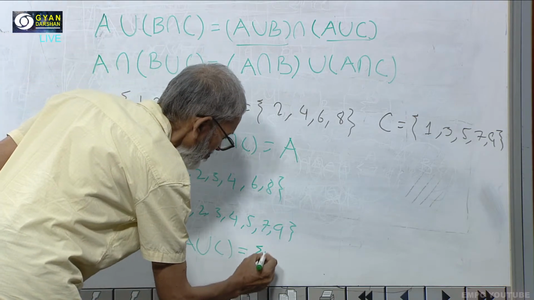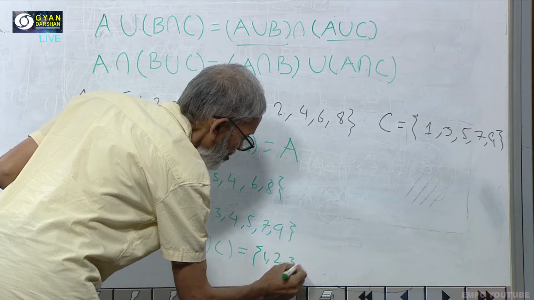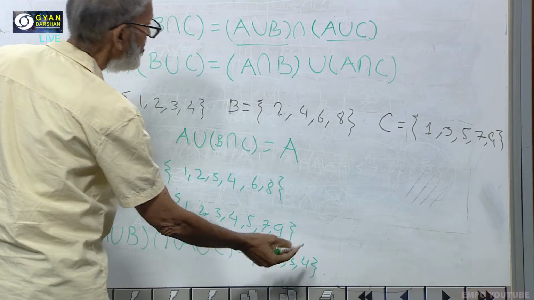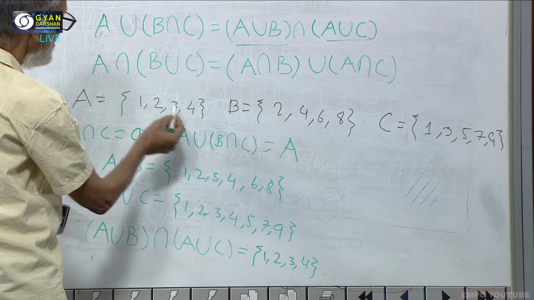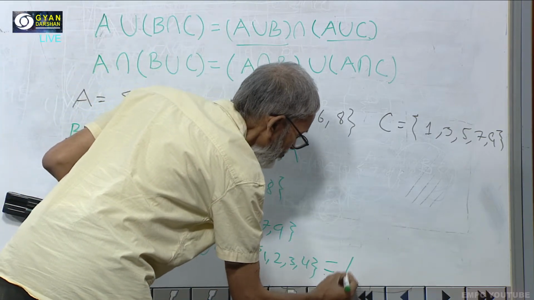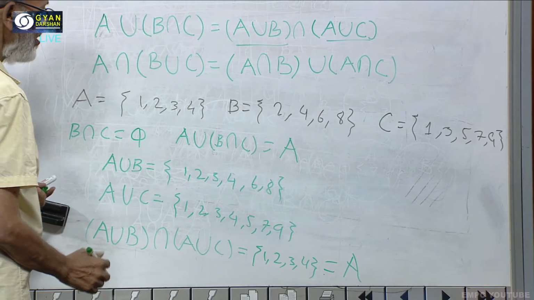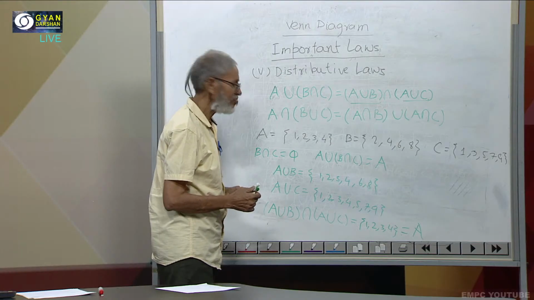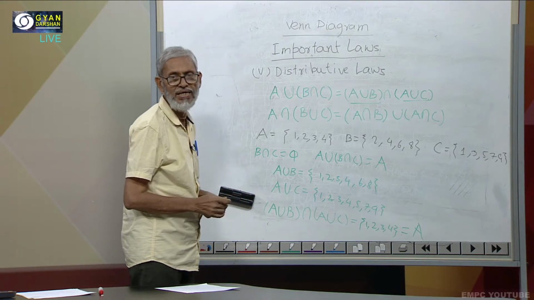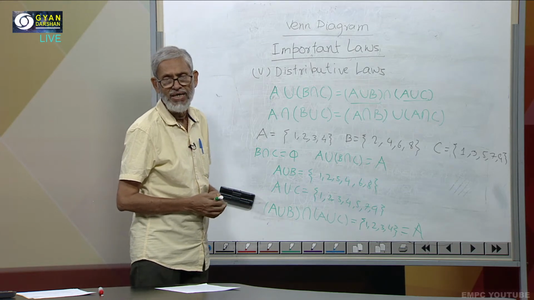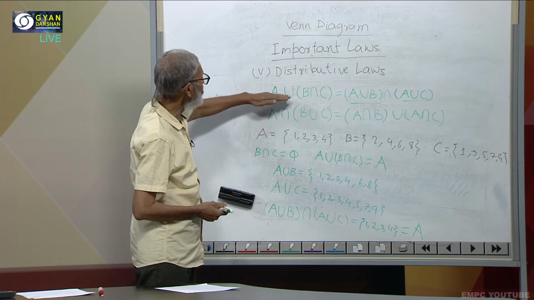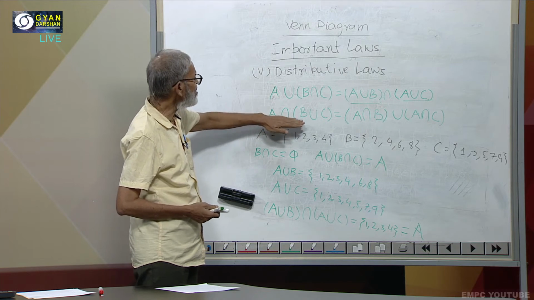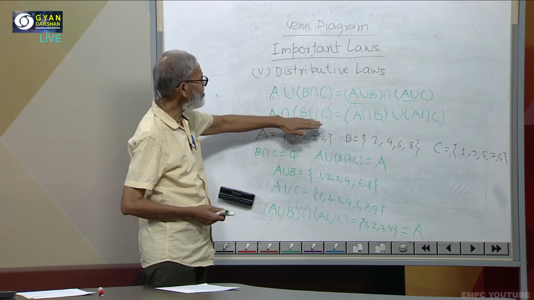So, it will be 1, 2, 3, 4. You can see this is A. This is equal to A. So, we have proved the distributive law here. Similarly, you can try this distributive law also, A intersection (B union C).